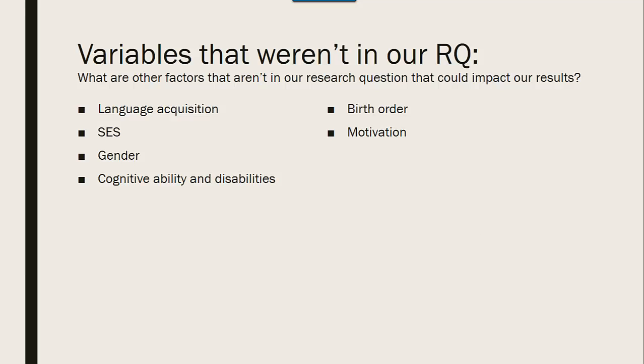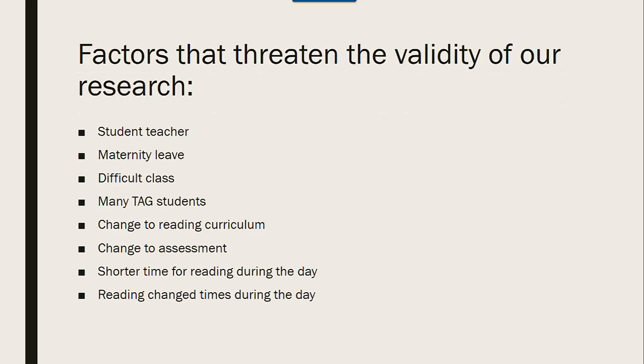So even though it wasn't explicitly in your research question, in action research, you can be a lot more flexible. But initially, these things are not in your research question, so they were not the variables that you stated at the beginning. There are also all sorts of factors that threaten the validity of our research.